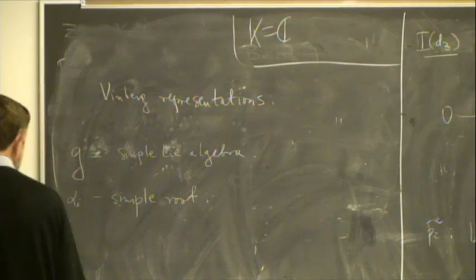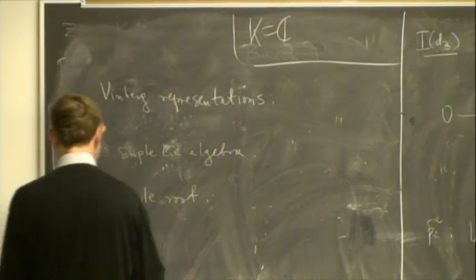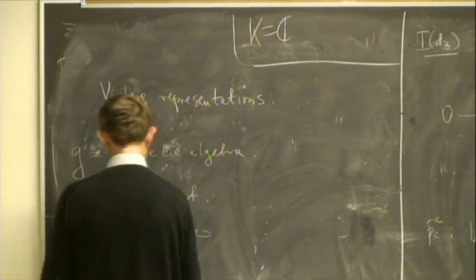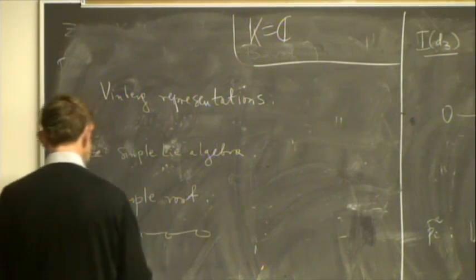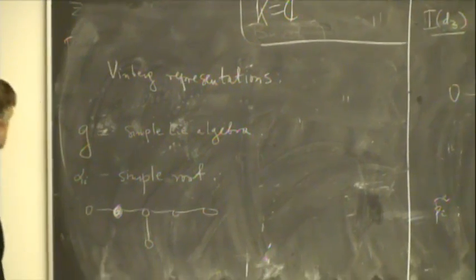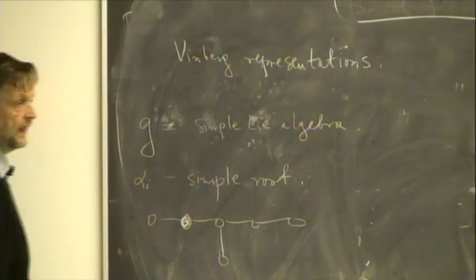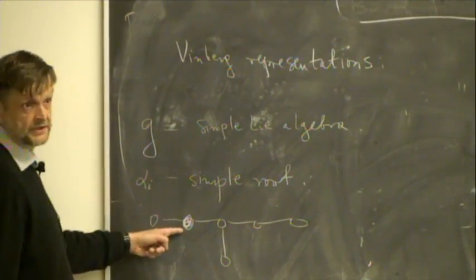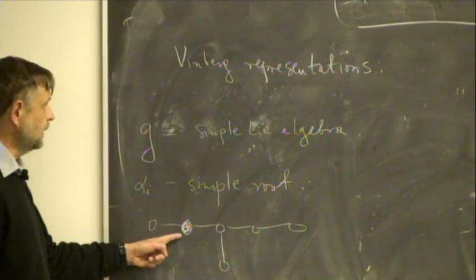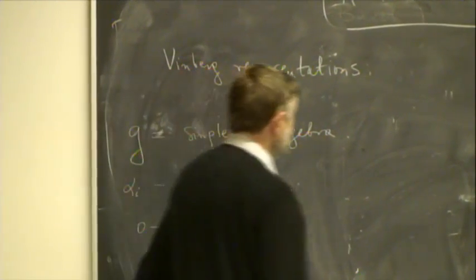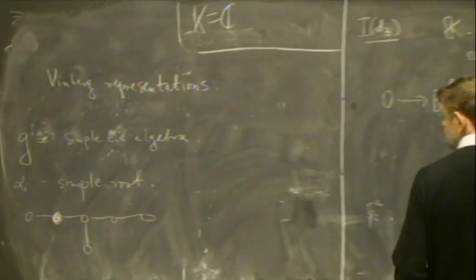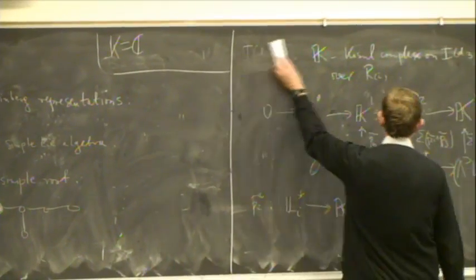The way I encode it is by the Dynkin diagram: a simple Lie algebra will have some Dynkin diagram, and then there will be a simple root, which is my black or white node, depends how you look at it. Anyway, the filled node, let's say. And then you have this grading.